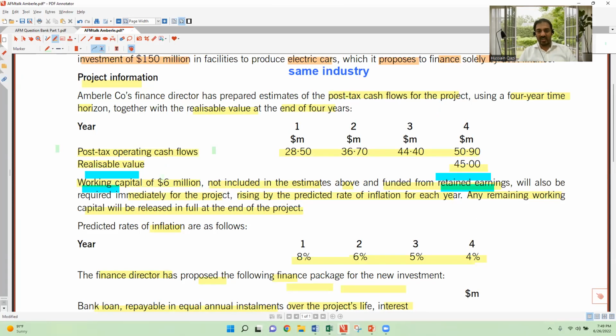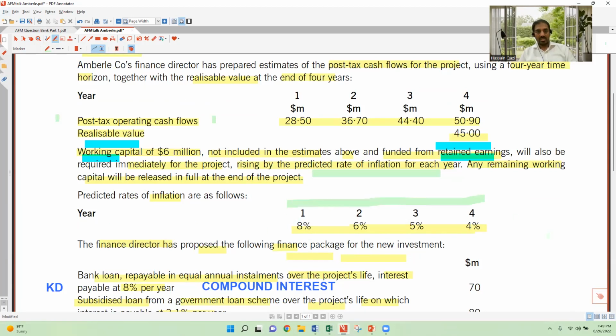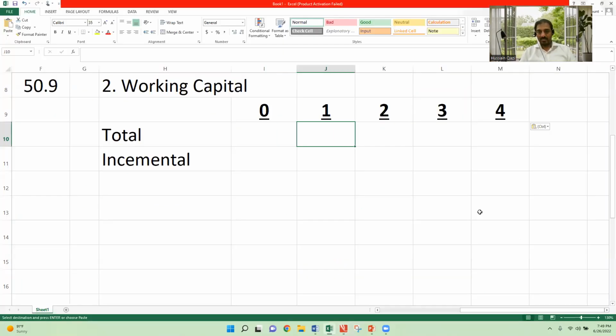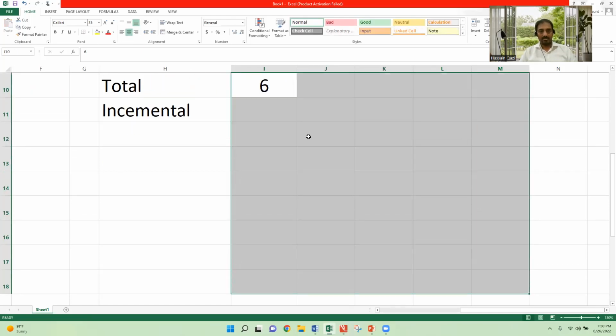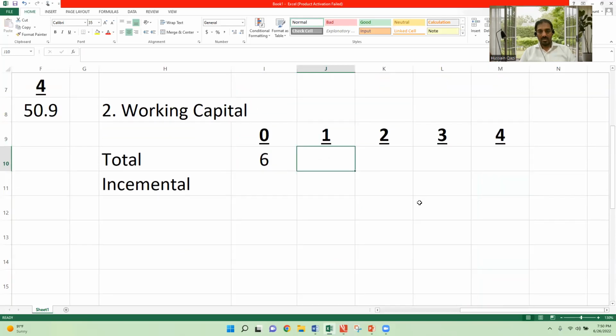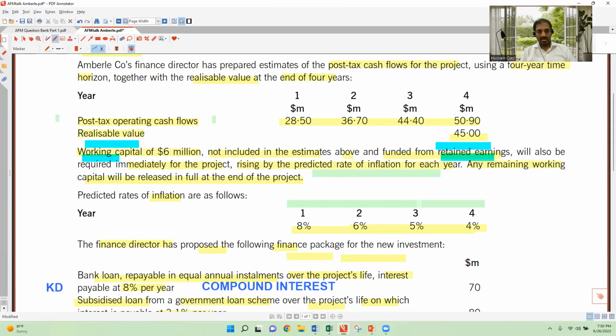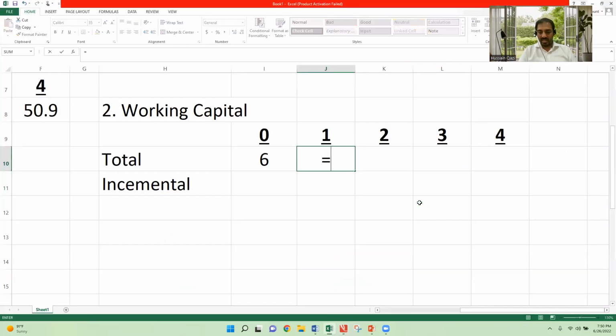Working capital immediately required is 6 million, rising by the predicted rate of inflation. This is inflation. So number one, immediate 6 million, then 8%, which is 1.08, gives 6.48.